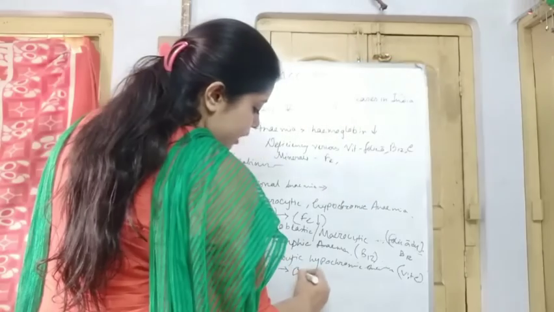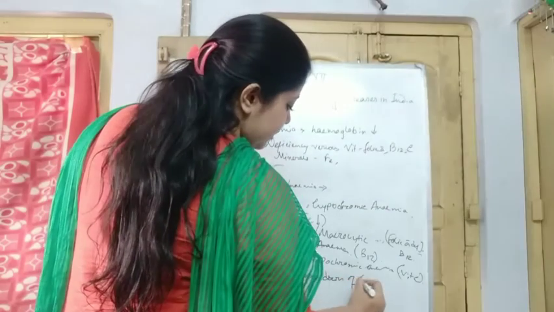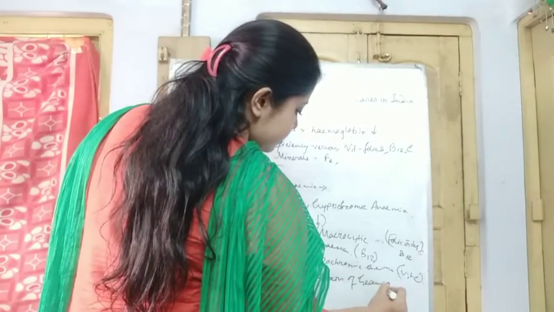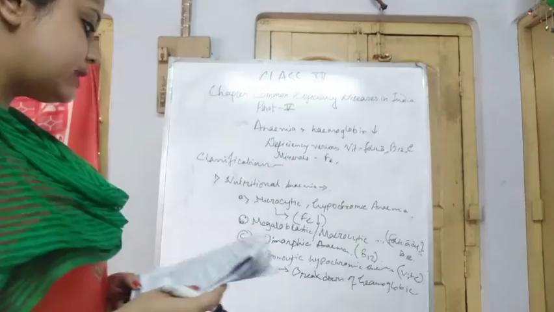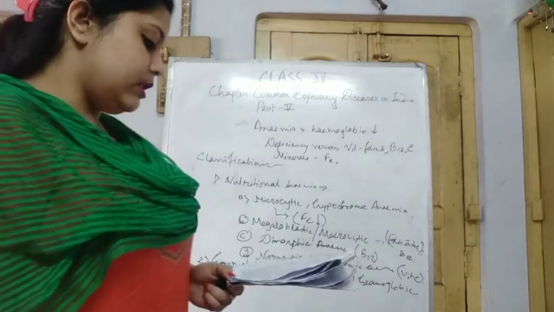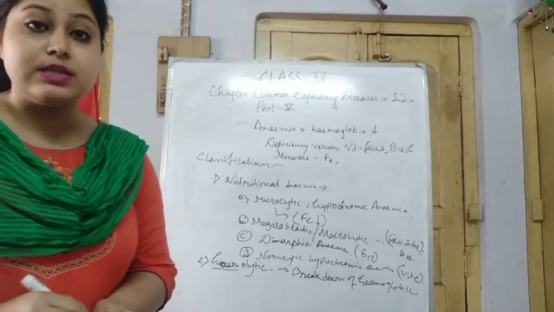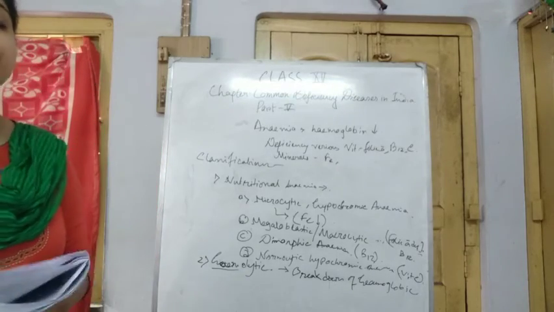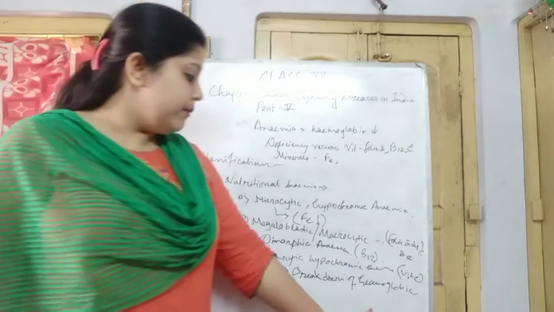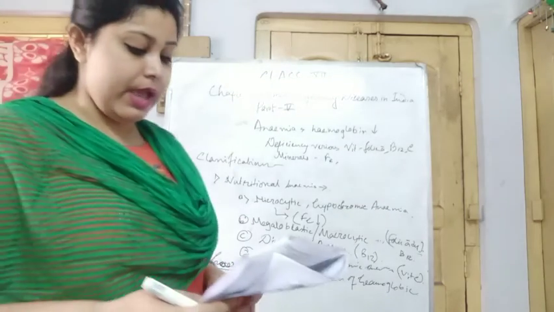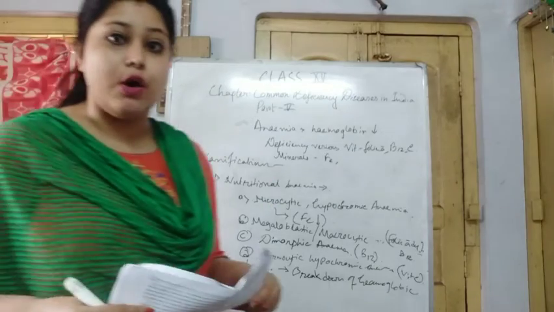So breakdown of hemoglobin is called hemolytic anemia. The causes can be problematic blood transfusion, when various groups of blood get mixed, which may lead to hemolytic anemia, and also snake bites, malaria, etc.